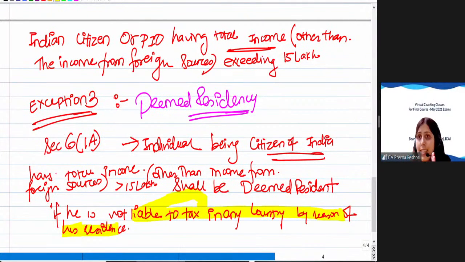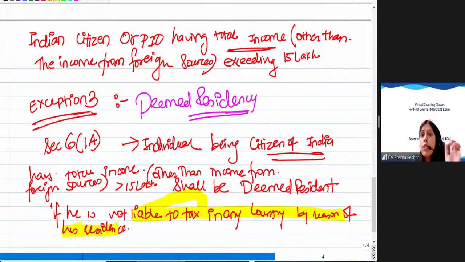So for section 6(1)(a), we need not even see the number of days of stay condition. For deemed residency, if you are not liable to tax in any country, and even if you have not come to India for one day, then in that case, you would be considered as deemed resident of India.